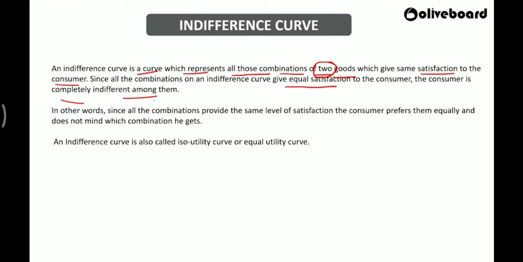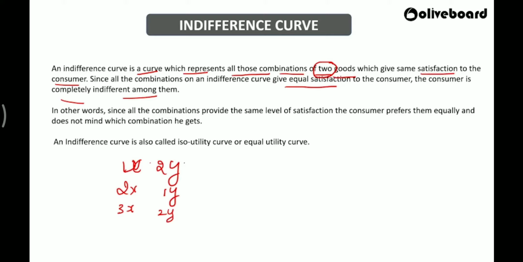The crux of it is, along the indifference curve, whatever combination you choose, I'll give 5 combinations: 1 unit of X, 2 units of Y, or 2 units of X, 1 unit of Y, 3 units of X, 2 units of Y, whatever it is.